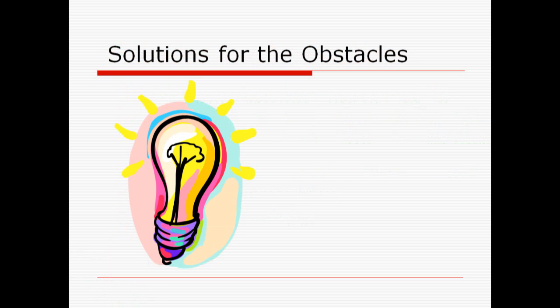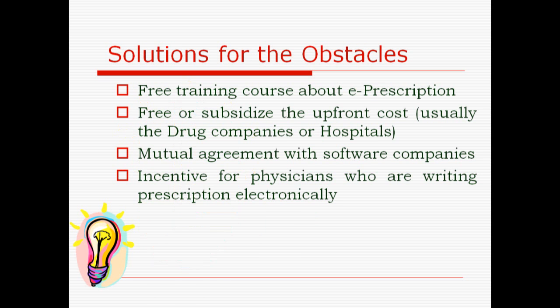Now is what could be the possible solutions to the obstacles which might favor that challenging part. So the solutions, the most common solution that have been put forward are, first is free training course about electronic prescription. If that is available, the doctors, the pharmacist and the patient can be made trained about that electronic prescription concept.